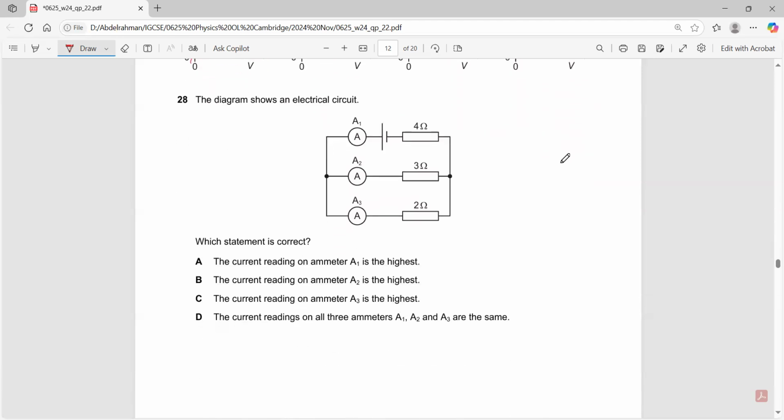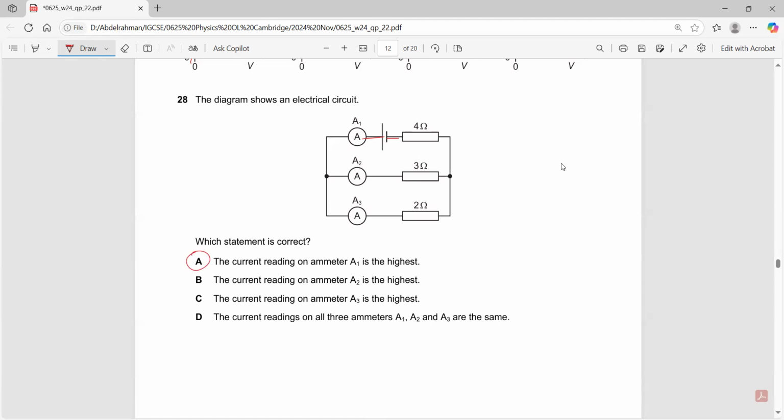Diagram shows the electrical circuit. Which statement is correct? If you have several resistors in a parallel circuit, the current near the source is the greatest. So A1 has to be the greatest.